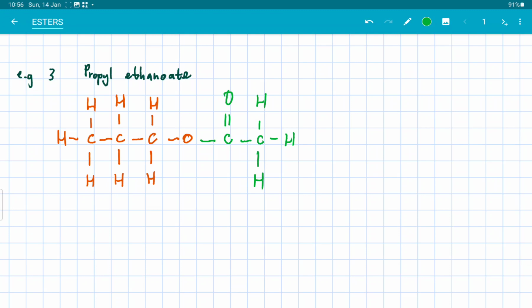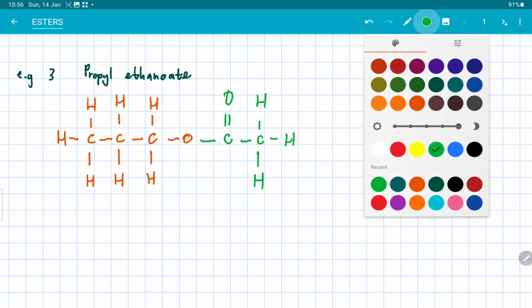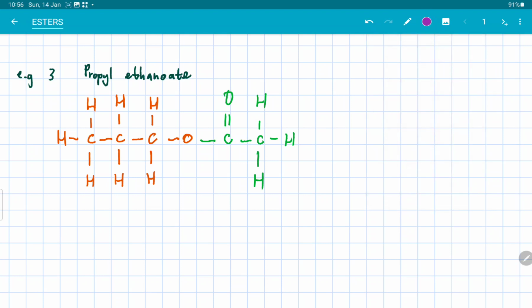So this is a propyl ethanoate. By the way, I didn't show how the molecular formula is made. Remember the general formula says CnH2nO2. So that means it will be C, you count all the carbons present in the molecule again.